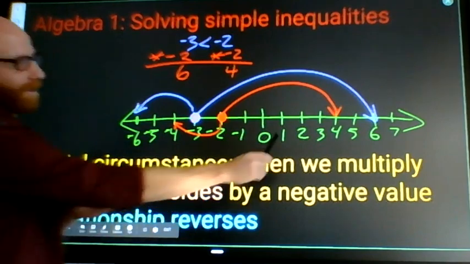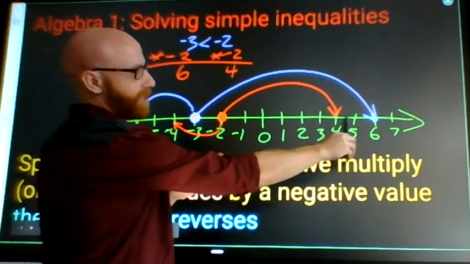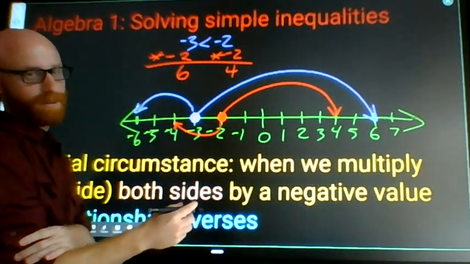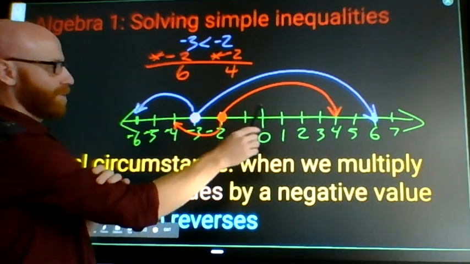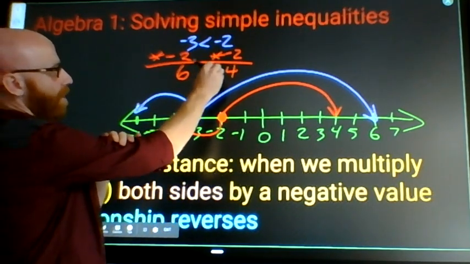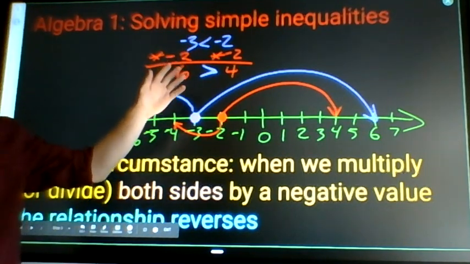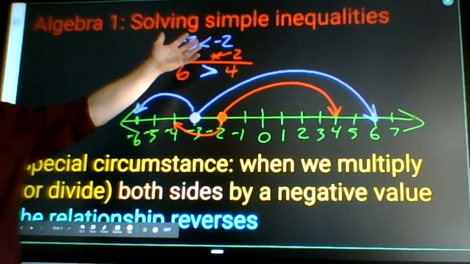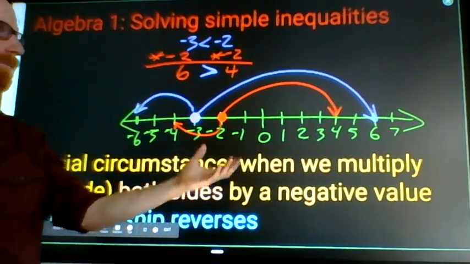Notice my red arrow is smaller than my purple arrow, or it might look blue on your screen. Red is smaller than purple or blue. 4 is smaller than 6. So you can see right there with just one example, the inequality symbol needs to flip to make the statement true.